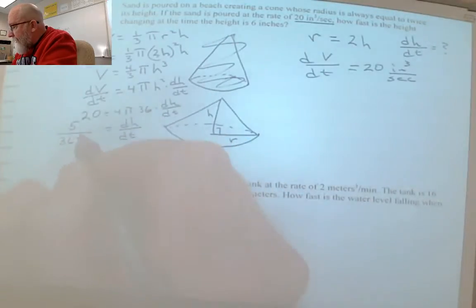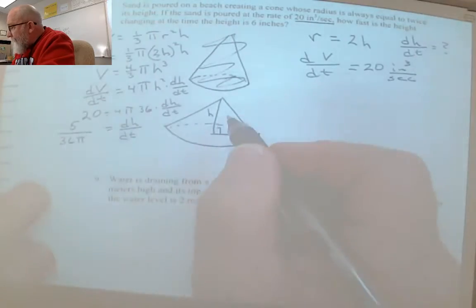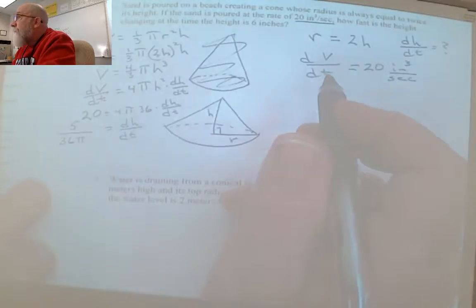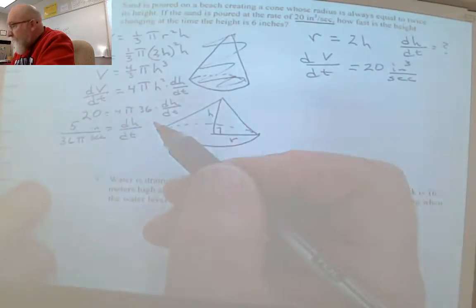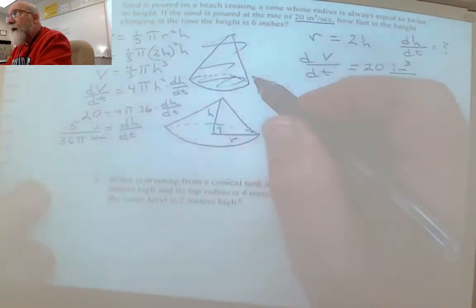Make sure you put 36 pi in parentheses. Does everybody understand that? Now, what are my units? It's how fast this height is growing, correct? Is it cubic? No. It's what? Inches per second. Is everybody okay where we get inches per second? Because the height is 6 inches, so it's growing inches per second. Are we okay with that?